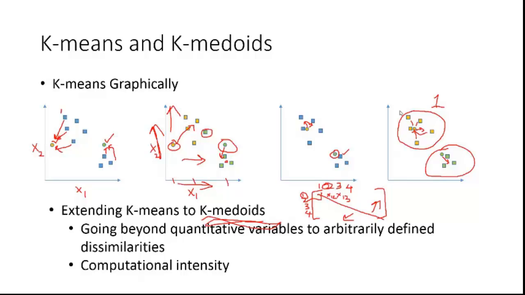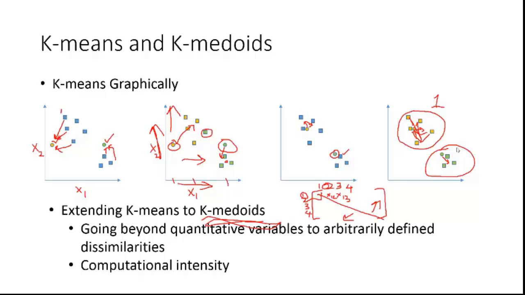Now you don't have something like that with K-medoids. Once you have an assignment, choosing what should be the prototype requires you to see the dissimilarity between each data point and each other. So the number of computations that you need really grows. And so K-medoids is often seen as a very computationally intensive approach.